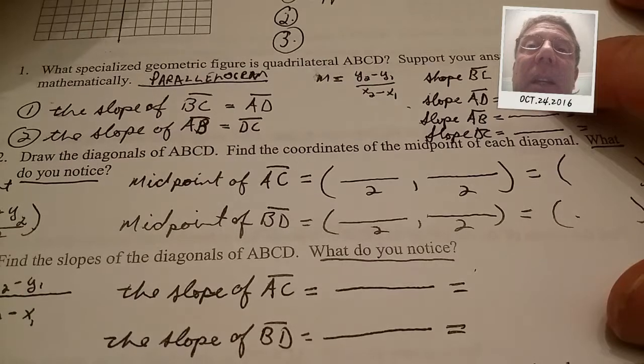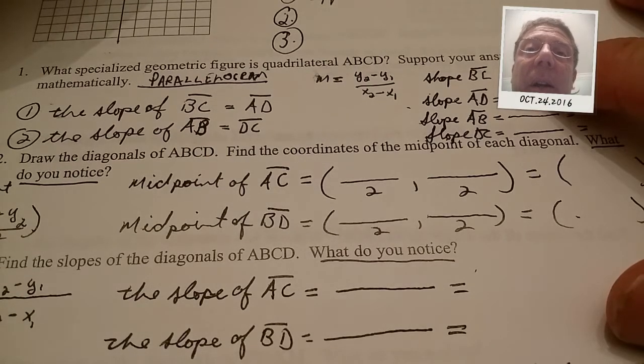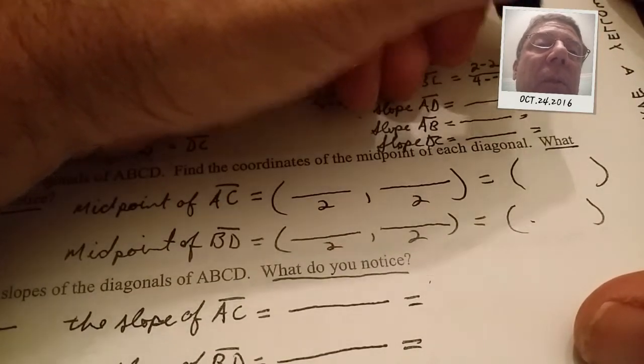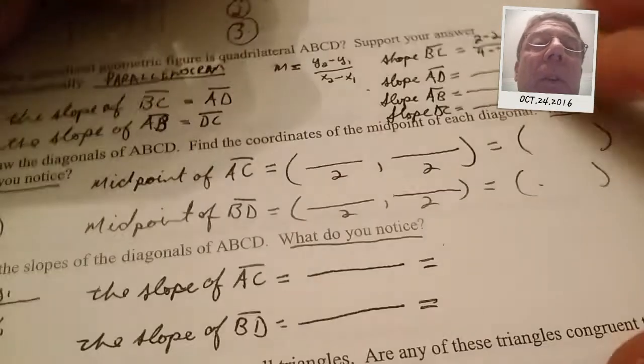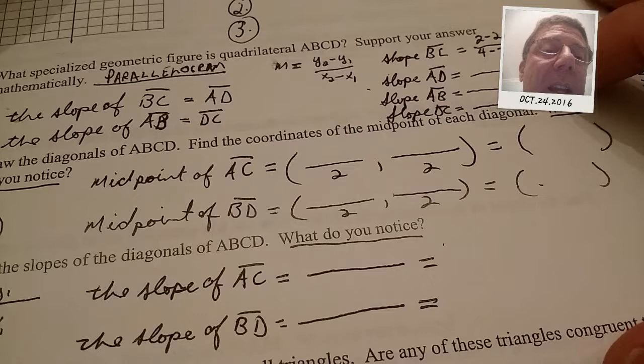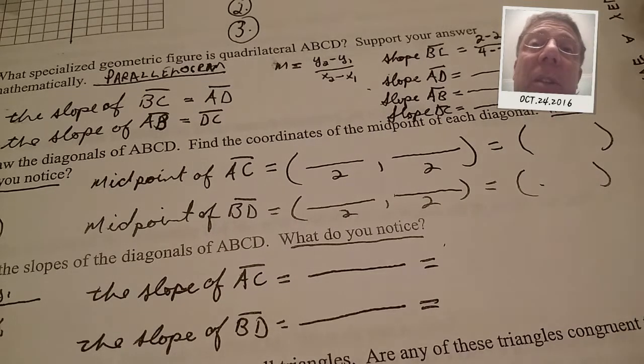My y values are 2 minus 2 over, let's see, 4 minus negative 1. Well, that's going to be 0 over 5. If I have 0 over 5, then my slope is going to be 0. Well, goodness, what kind of slope do you think AD is supposed to have? Well, I hope it's going to be 0.